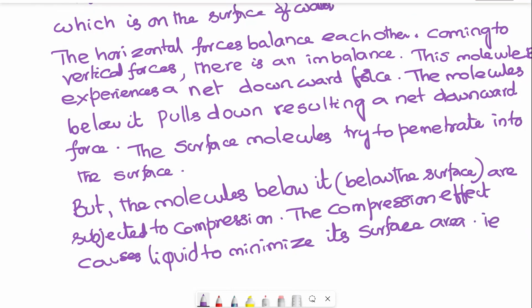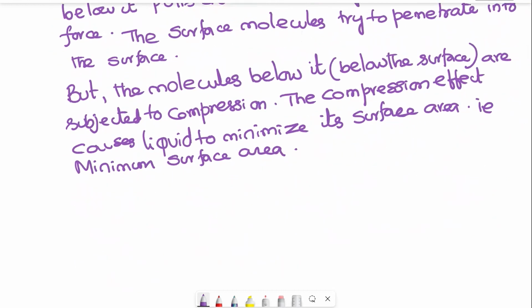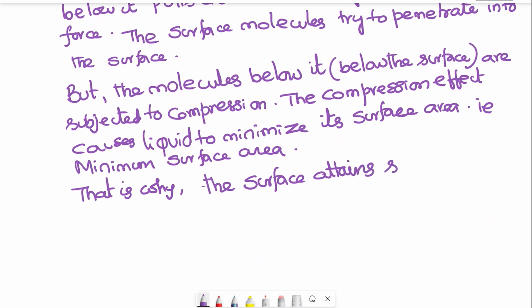That is minimum surface area. That is why the surface attains spherical shape.